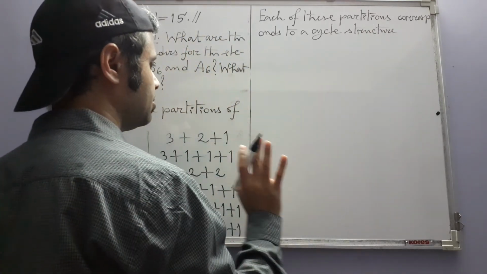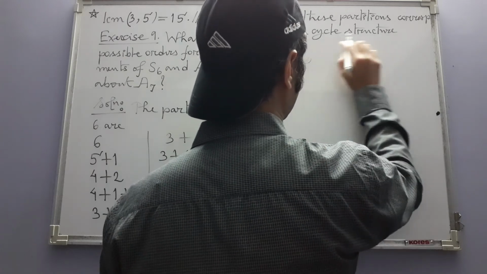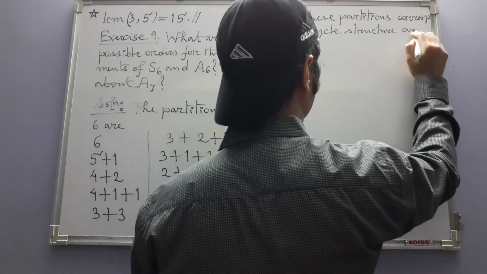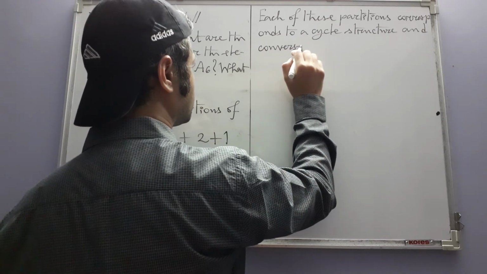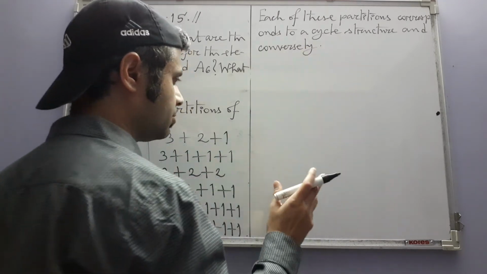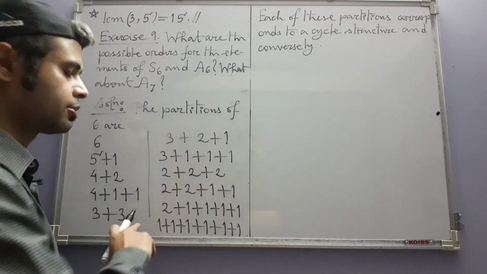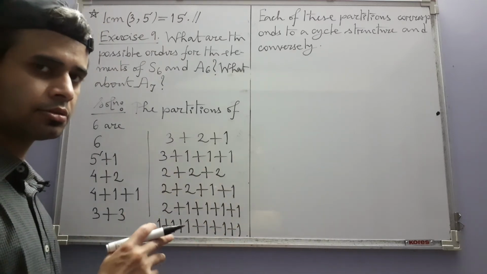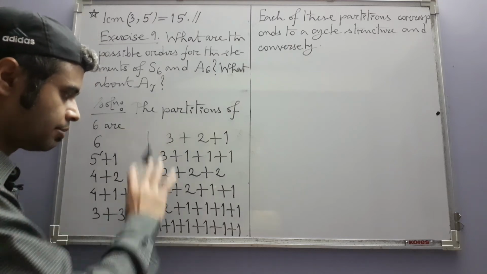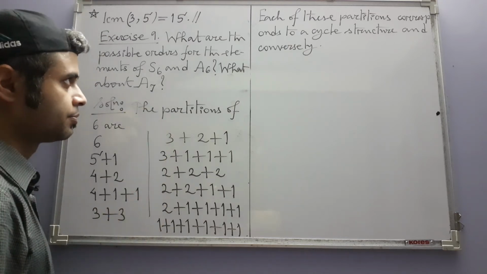Just we keep it till this cycle structure, and conversely if you have a cycle structure that also corresponds to a permutation. So there is a one-to-one correspondence between possible cycle structures and permutations of 6.